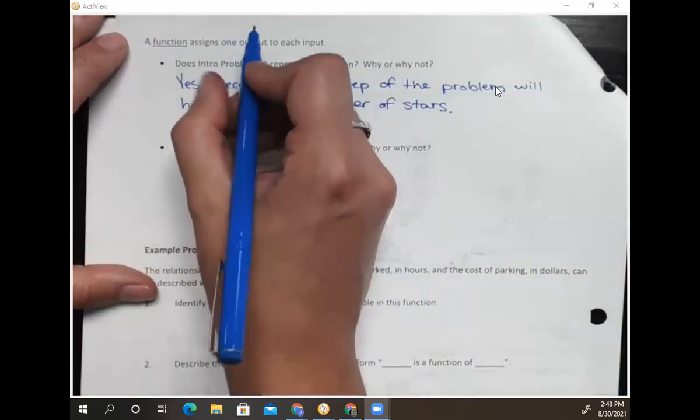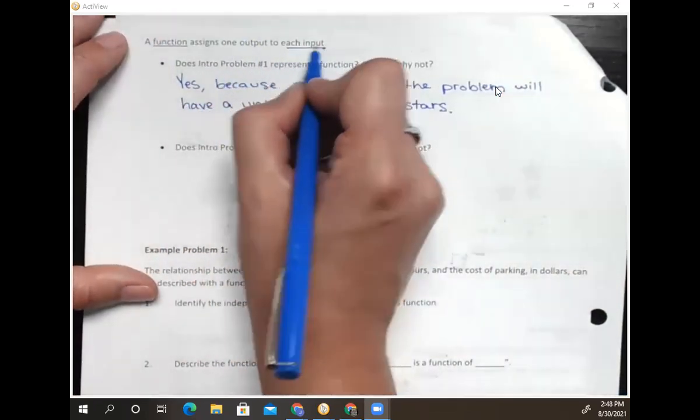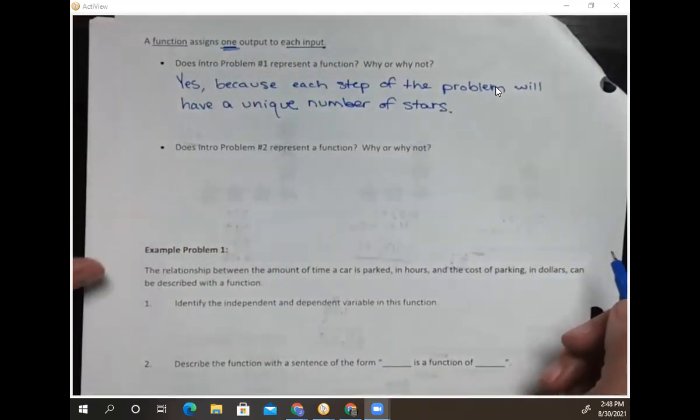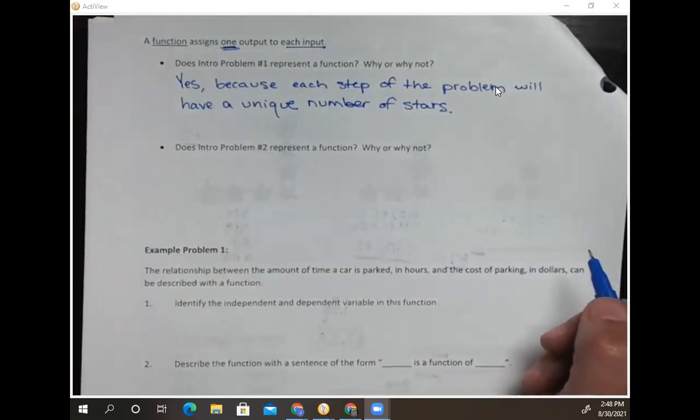It's this idea here that for each input, I have one output. Each step in my problem has one set amount of stars. Each picture in that pattern is going to have a specific number of stars, and that number of stars is not going to vary. So step 13 will always have this amount of stars.